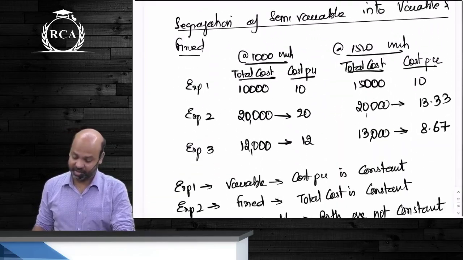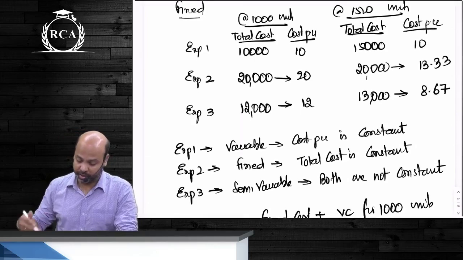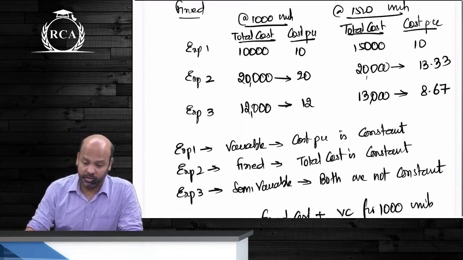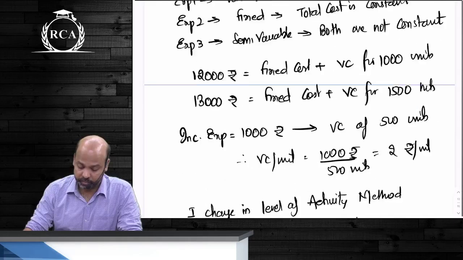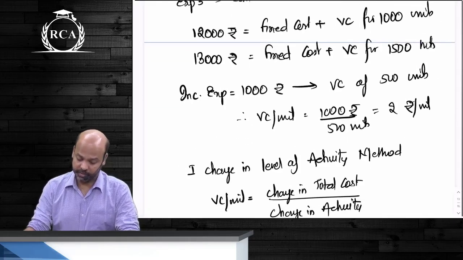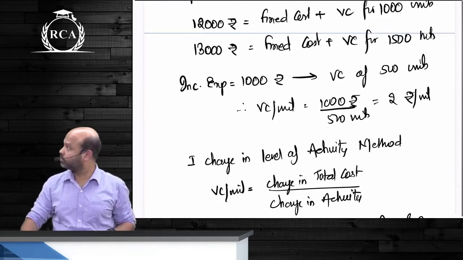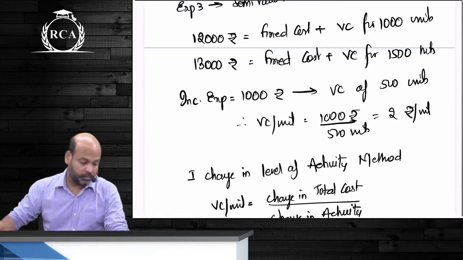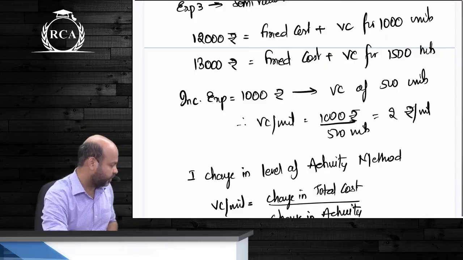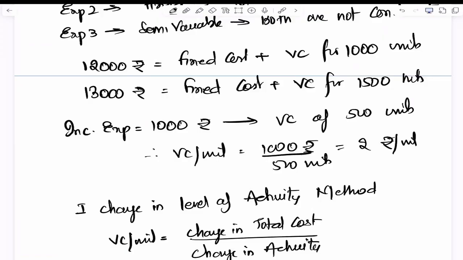Right, guys. Write this, guys. 12,000 is equal to fixed cost plus variable cost for 1,000. 13,000 is equal to fixed cost plus variable cost for 1,500 units.